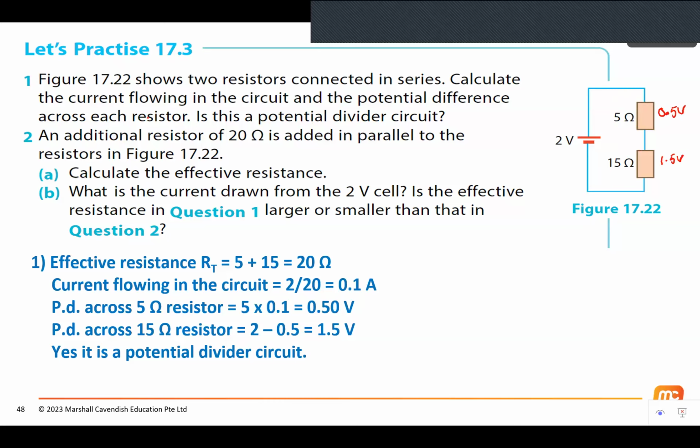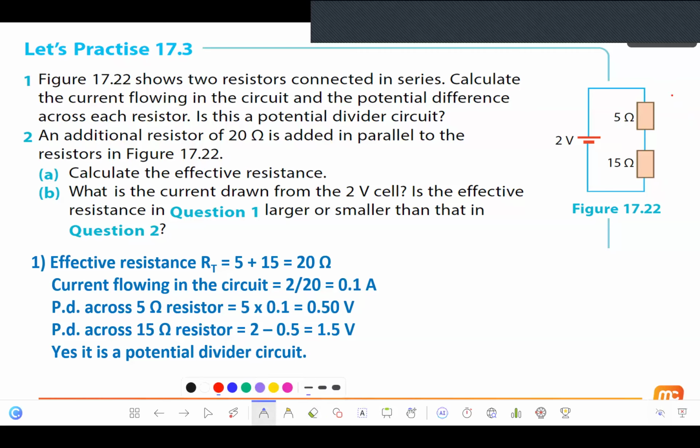Okay, next question. An additional resistor of 20 ohms is added in parallel to the resistor. So now over here, let me erase first. I have another resistor which is connected in parallel across here, which is 20 ohms. Let me draw properly first.